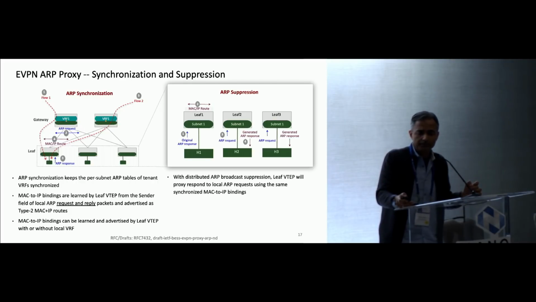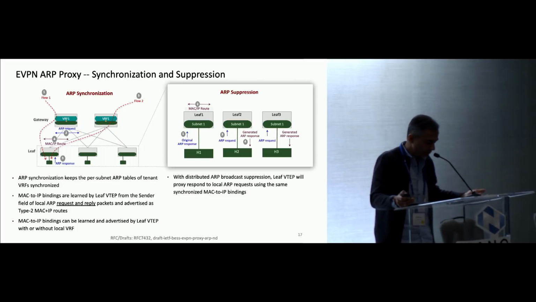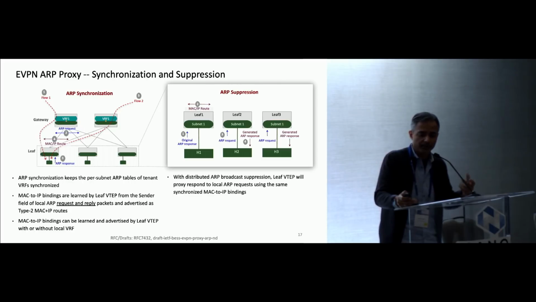And so a remote VTEP that receives an ARP request locally from a local end system will intercept the ARP request and respond to the requester locally by generating an ARP response locally, and by doing so, it doesn't broadcast the ARP request across the broadcast domain, across the subnet.